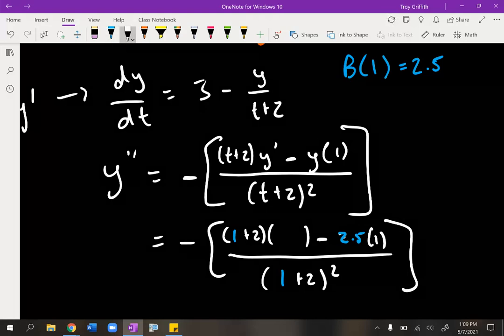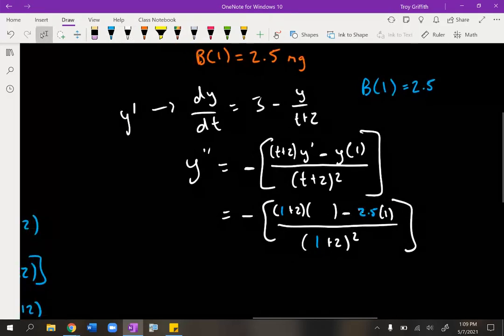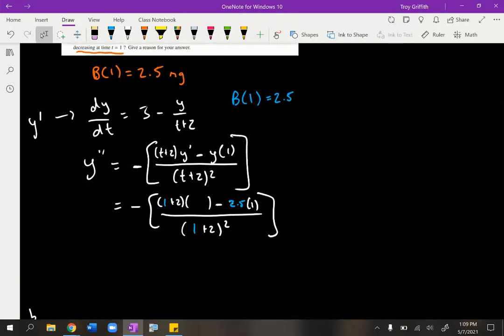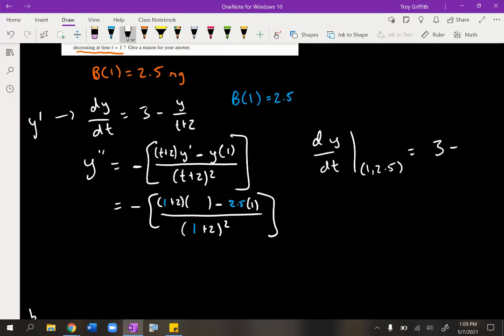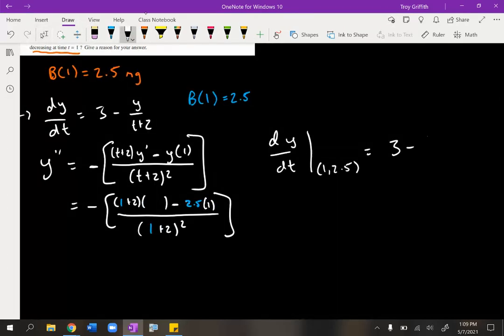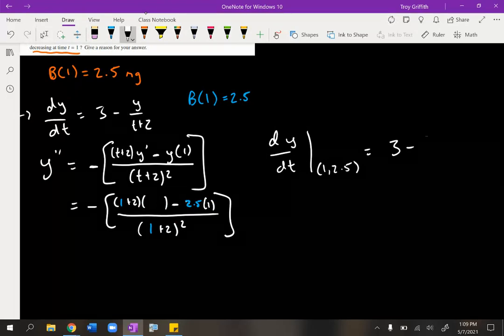I do need to figure out what y prime is, and I'm going to evaluate that when t is 1. So off to the side here, y prime, or in other words, dy/dt at the point (1, 2.5) is going to be equal to 3 minus the y value, which is 2.5, over the t value plus 2. The t value is 1, so 1 plus 2 should be 3.